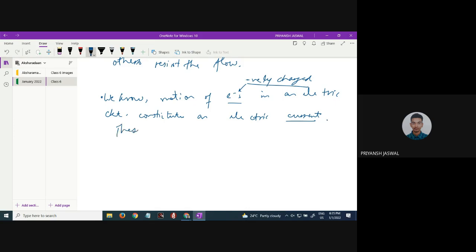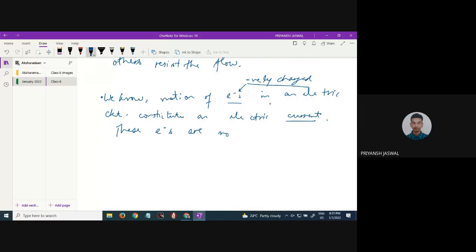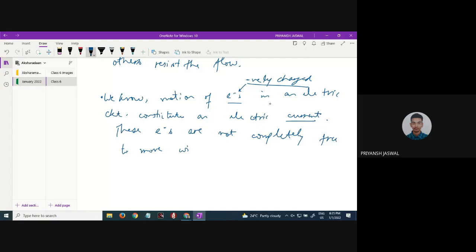These electrons, which constitute the current, are not completely free to move within a conductor. Why is it so? It's simple: the electrons are constrained to their atoms.